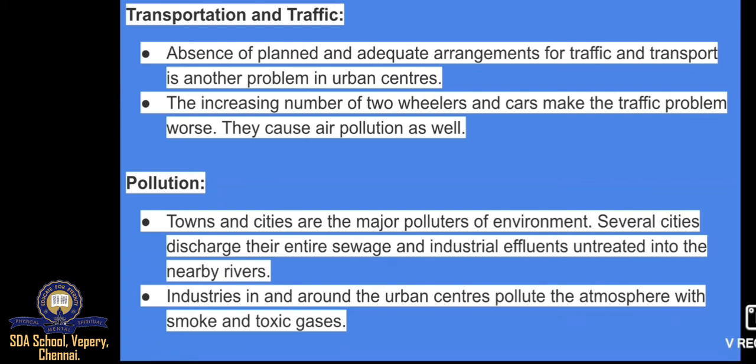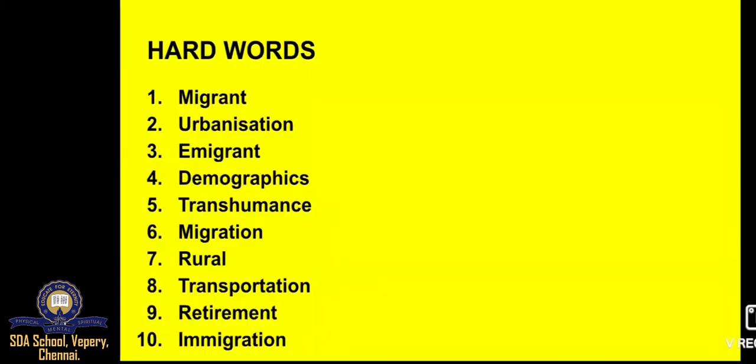Okay children, so that's all about this lesson. And now let's see the hard words. Children, I will read the hard words, listen to the pronunciation. First one, migrant. Second one, urbanization. Third one, immigrant. Fourth one, demographics.